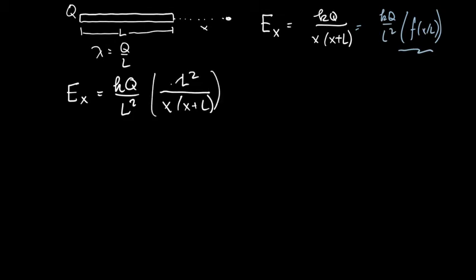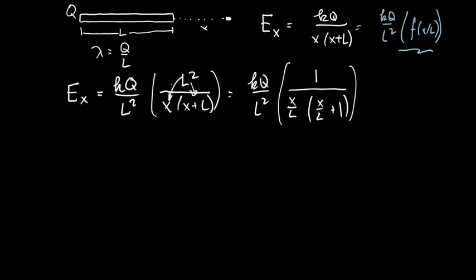I'll put one of these L's with this x and one of these L's in this term in parentheses, and we'll get kq over L squared, x over L times x over L plus 1. And we've got our goal again when we replace these with x prime.